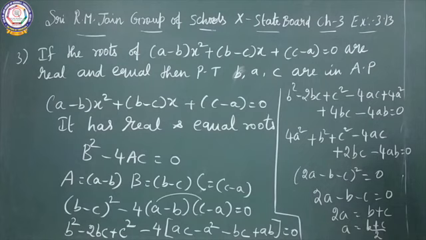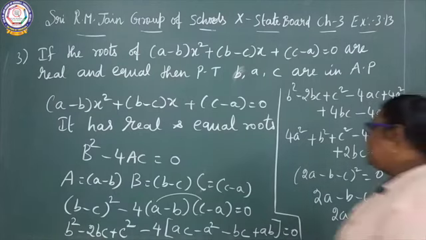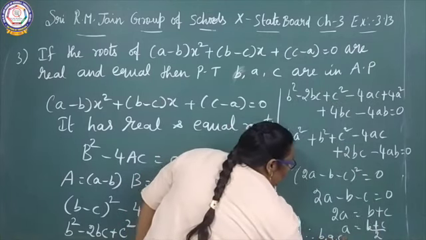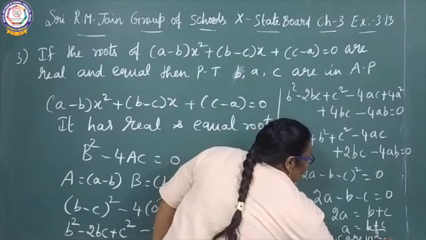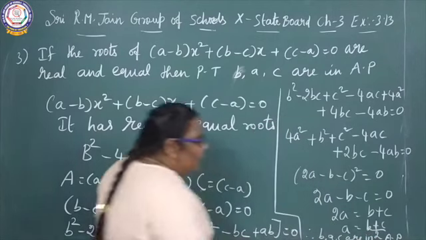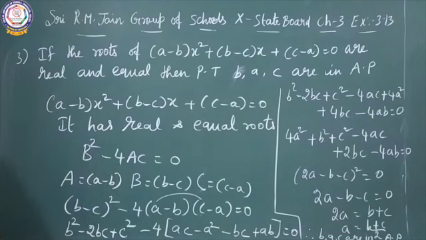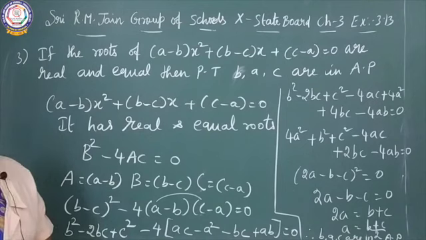Therefore, b comma a comma c are in AP, arithmetic progression, because a equal to b plus c by 2 is the formula for the arithmetic progression.